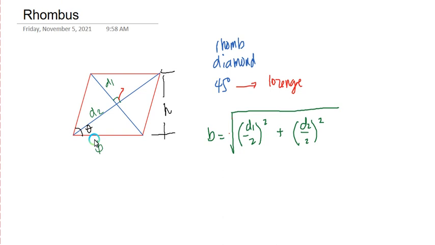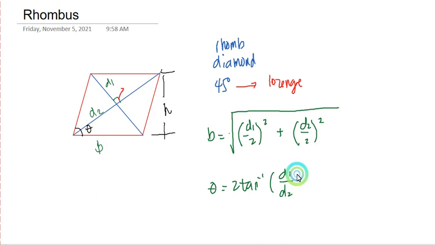But for example, if you are given the two diagonals and we want to find the angle theta, which is the angle opposite the shorter diagonal D1, the formula for theta is equal to 2 arctan of D1 over D2. Okay, so just take note of the formula. It is normal if we look at analytic geometry, solid geometry or plane geometry. There are many formulas that you can encounter.